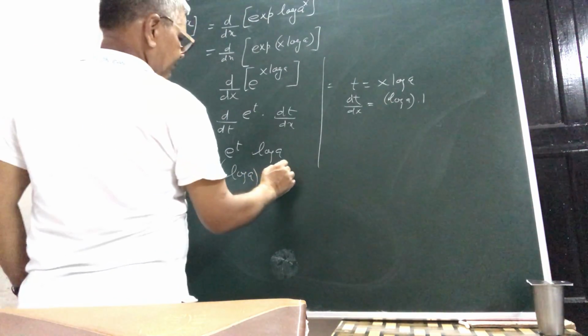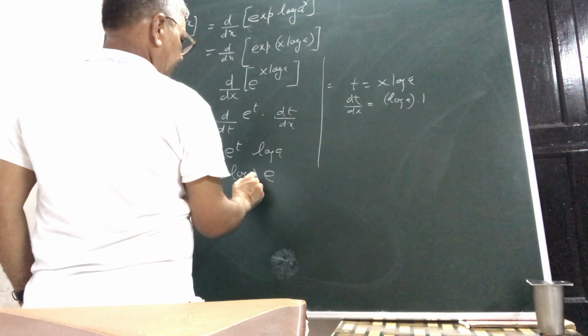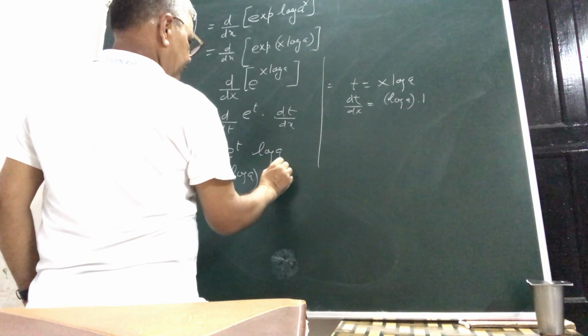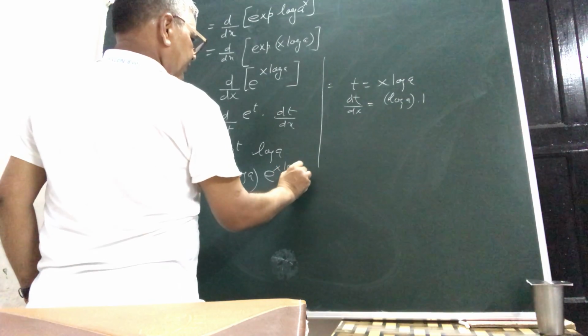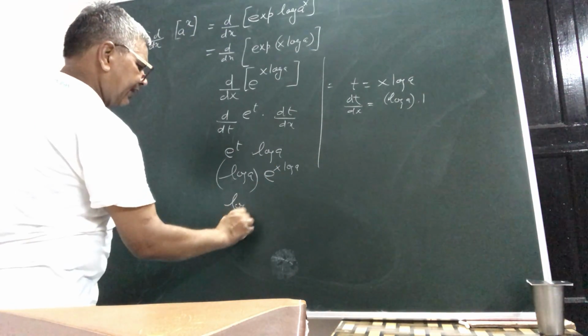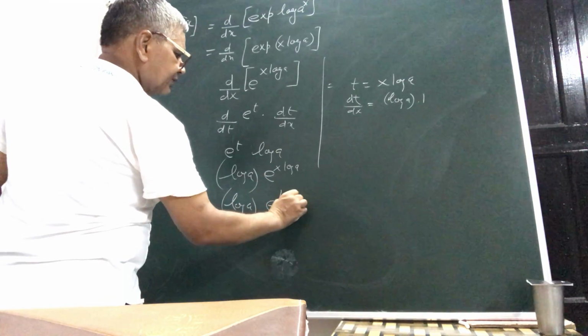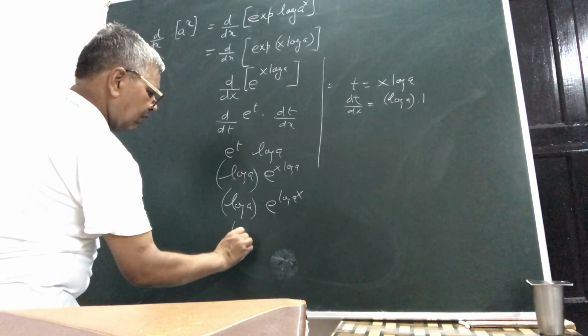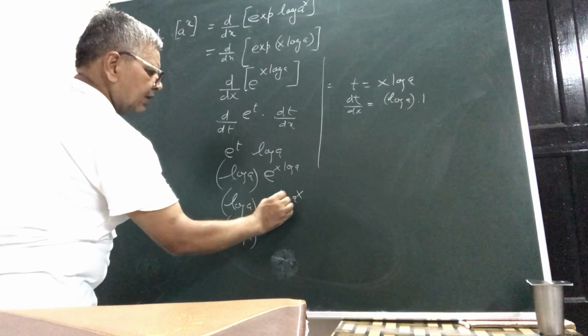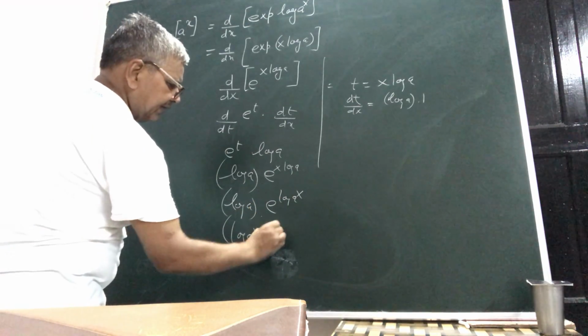So it is log a into e raised to power x log a, which is e raised to power log a raised to power x. So this is log a into a raised to power x, since exponential and log are inverses of each other.